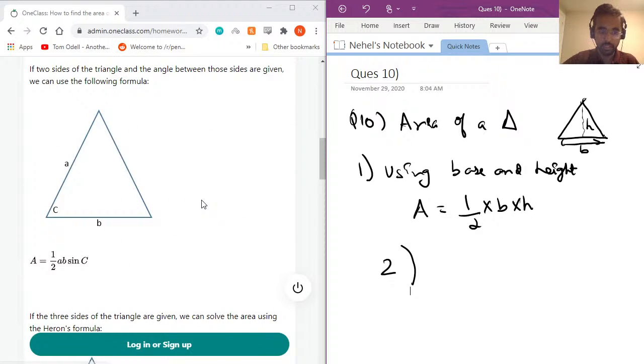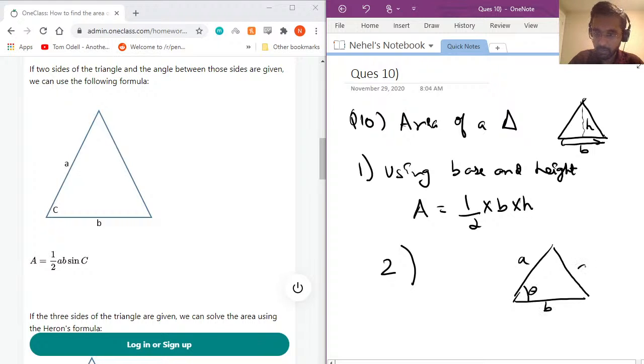The second way is using an angle. If I'm given one side and an angle enclosed by the triangle, so in this case, let's say this is an angle theta, and I'm given these sides A, B, C. If I drop a line perpendicular here, I know that this is the height, but I can't express it in any terms.